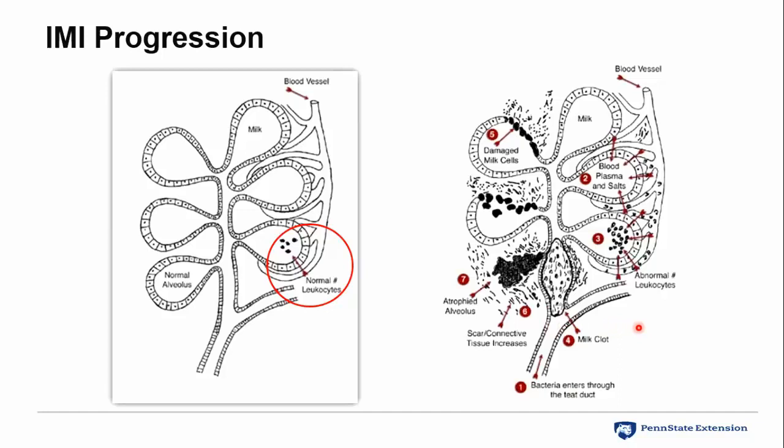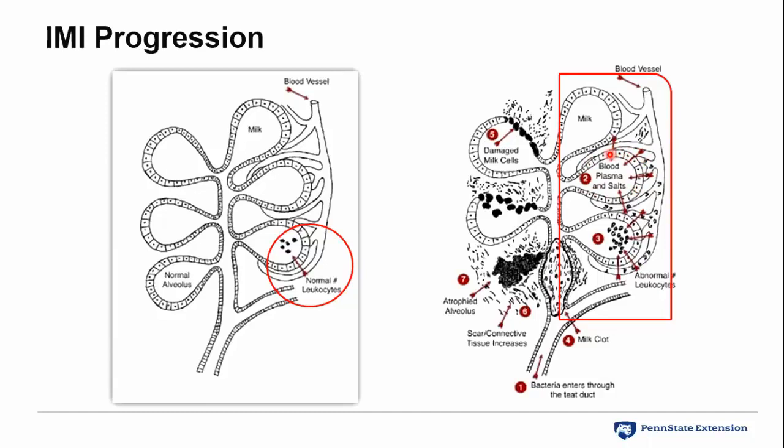And so the right side of this diagram that's highlighted here shows the initial changes that occur. We have proteins and electrolytes or salts coming in from the blood, triggering the inflammation.